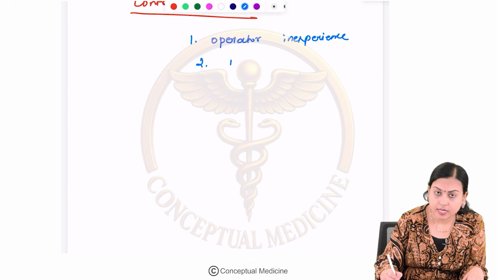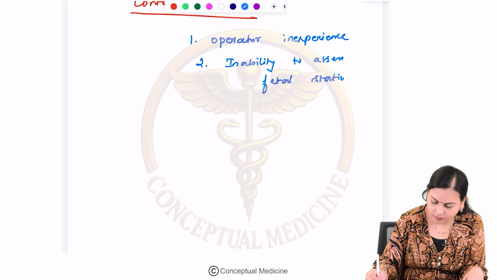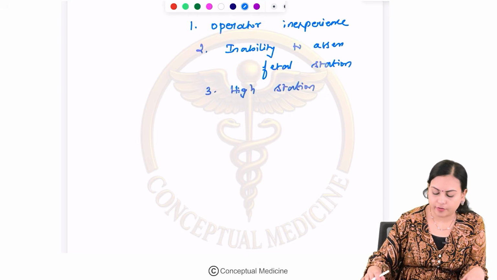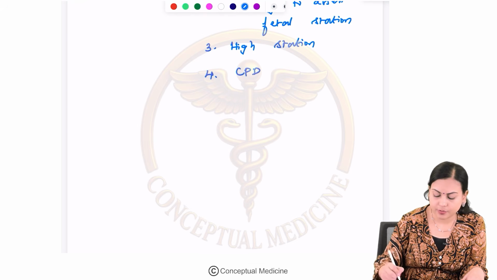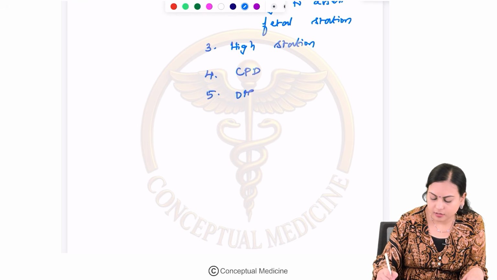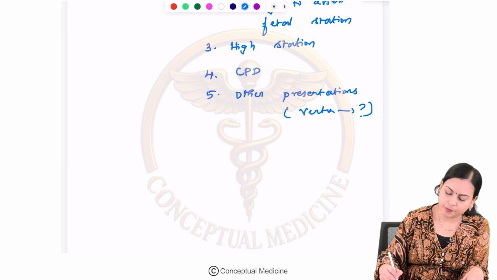or inability to assess fetal station, when there is high station that is more than 0 level, or when there is suspicion of cephalopelvic disproportion, other presentations are there, that is other than vertex, any other presentation is there.